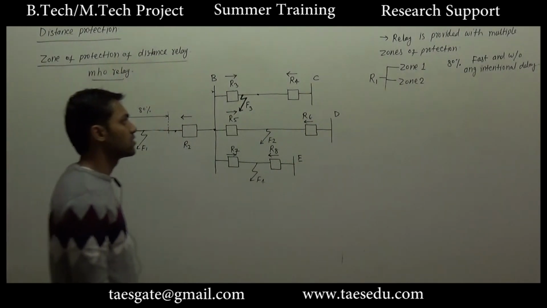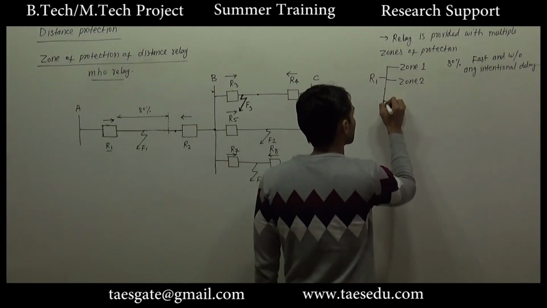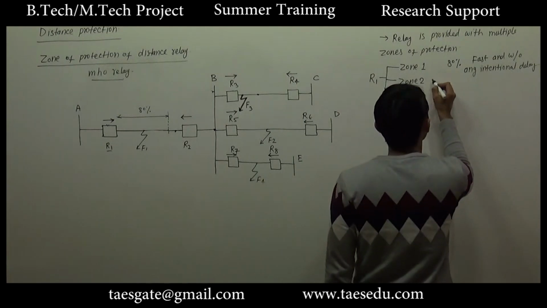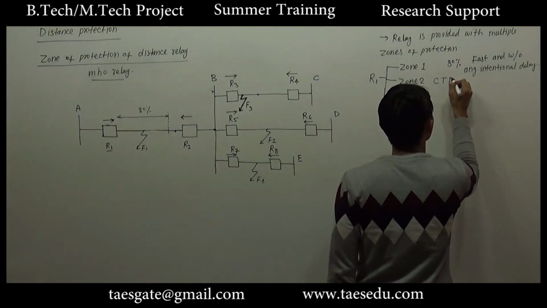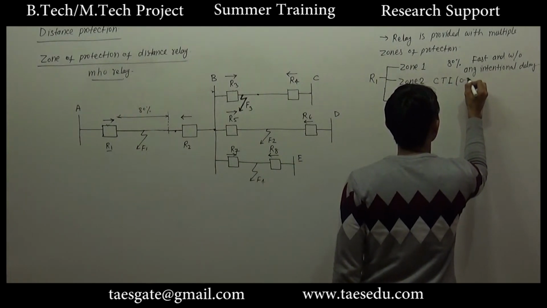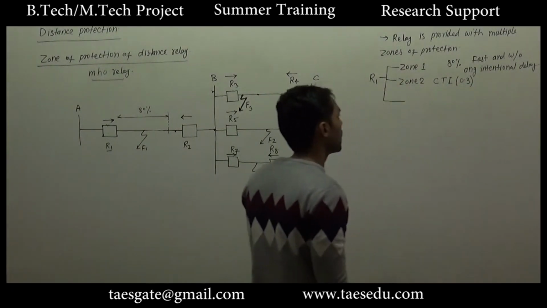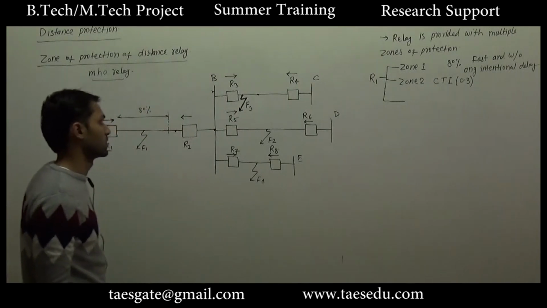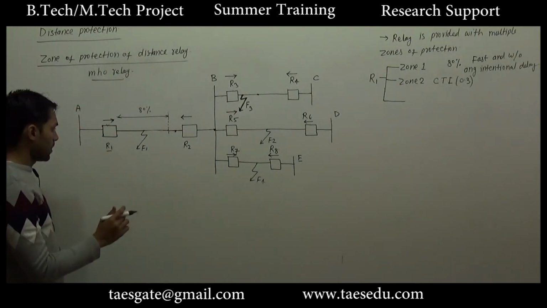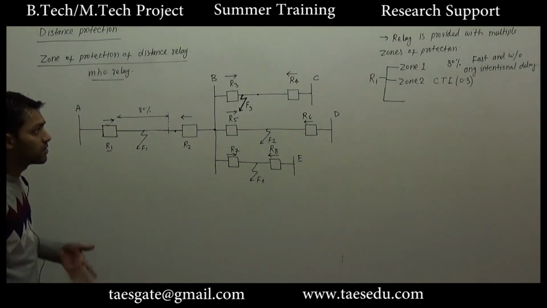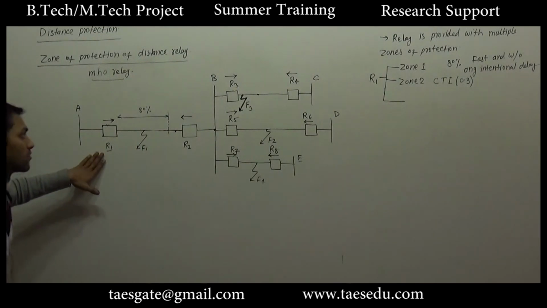Now coming to the zone 2 protection of relay 1. The zone 2 protection will start after a coordination time interval only. This will be started after 0.3 second only, as there will be 3 zones of protection for R1.